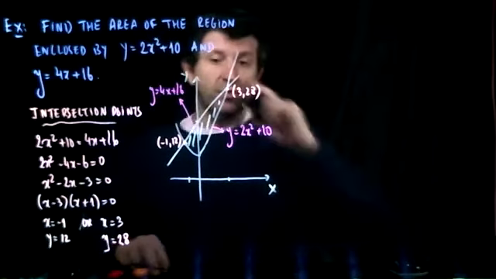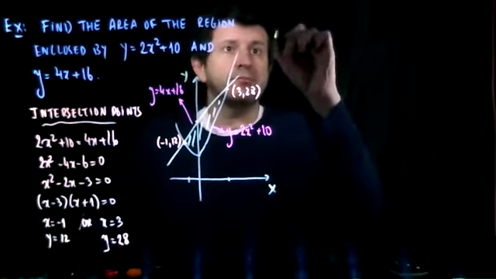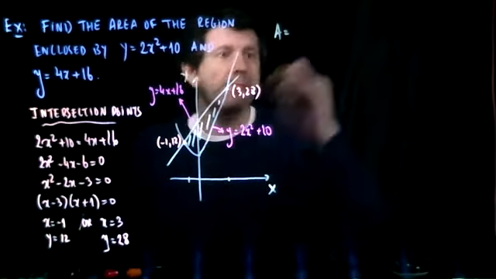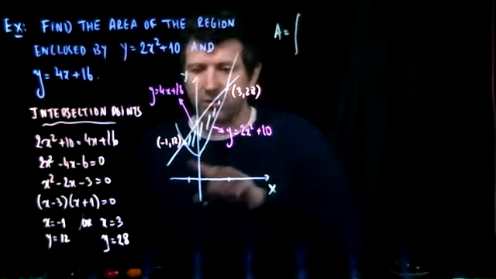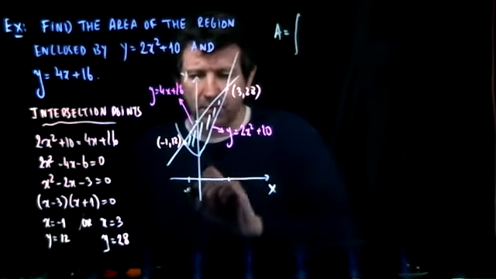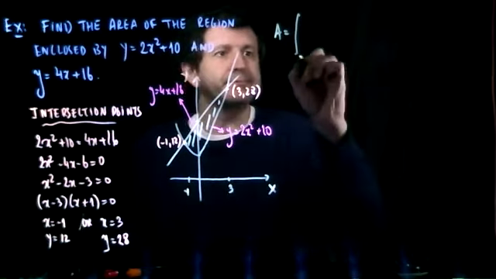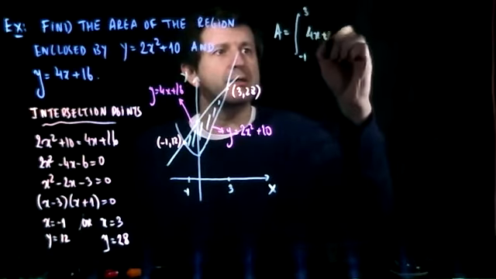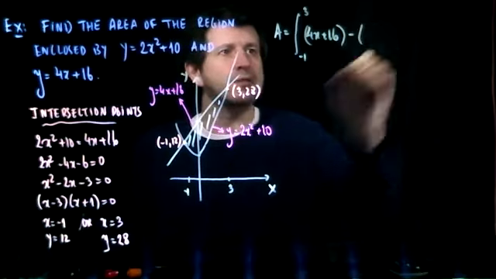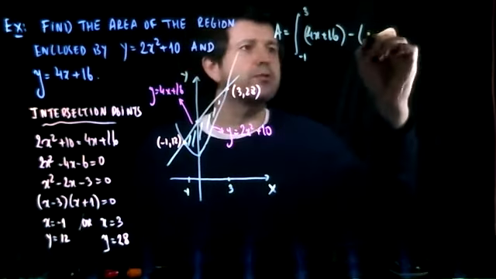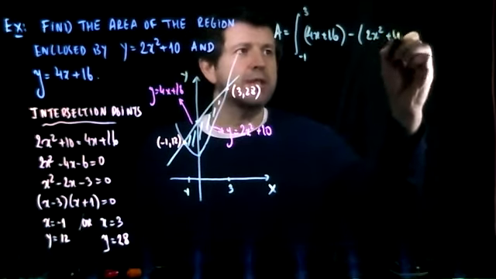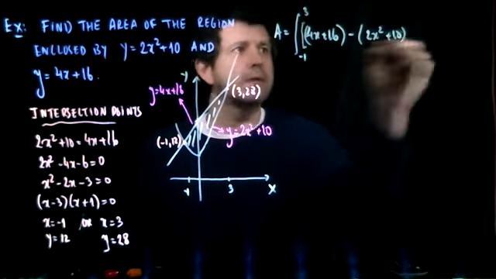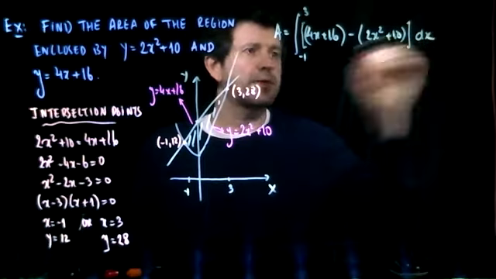And at this point, it's very easy to set up the integral for my area: top function minus bottom function, and x goes from -1 until 3. Top function 4x plus 16 minus bottom function, which is 2x squared plus 10. Do not forget the brackets. dx.